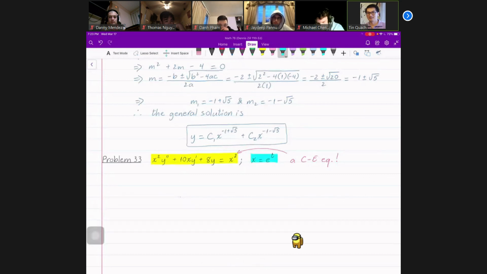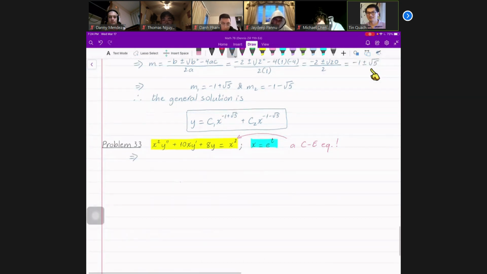All right. So in order for you to use this substitution to plug in here, the first thing you do is you need to find out what dx dt is, because you need to replace x stuff with t stuff. Okay, so let's write this down. So here's what you need to do first.